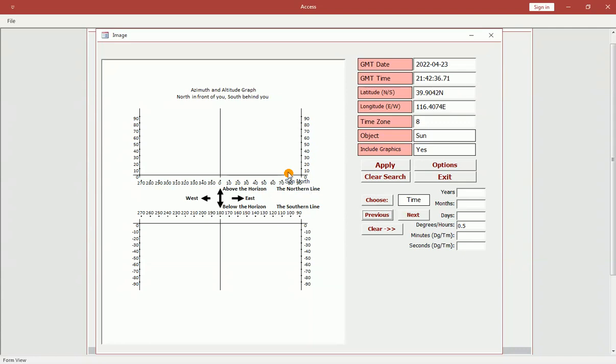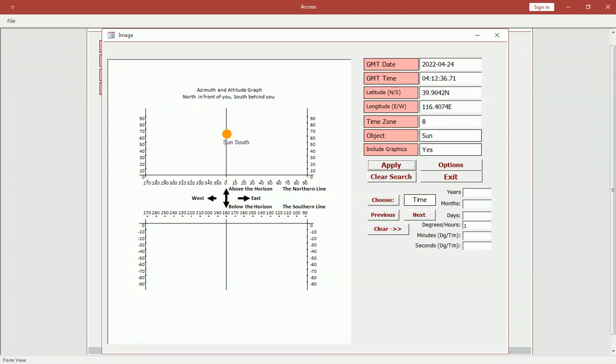Now let's start from this point, and you will see that the sun is rising in altitude until reaching noon. After that, the sun is dropping down. This is why at noon the sun will be at its highest position that day.